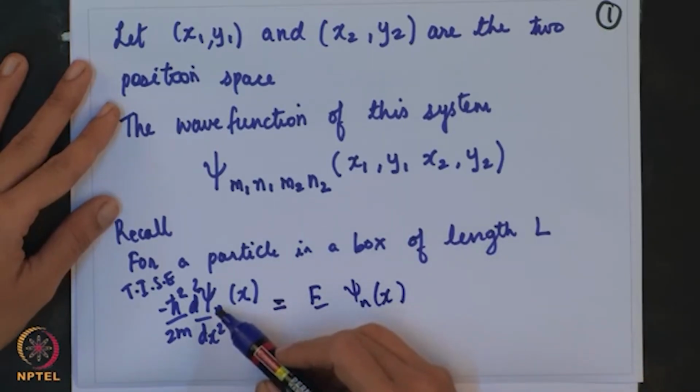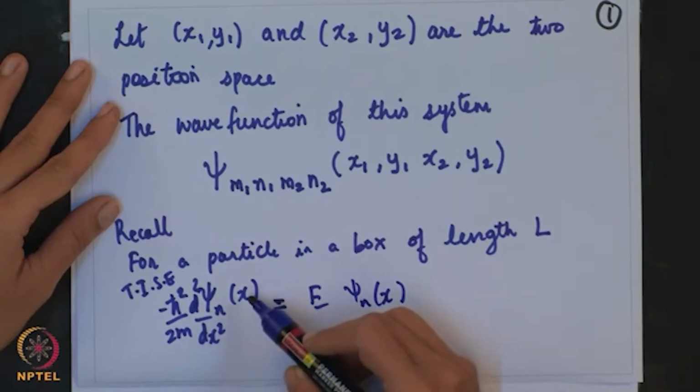Here n is the quantum number, x is the coordinate space.